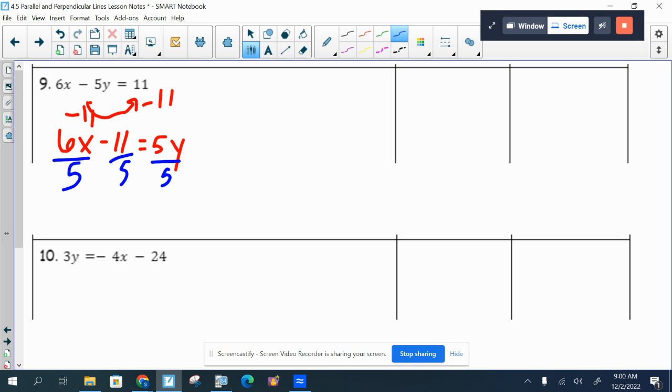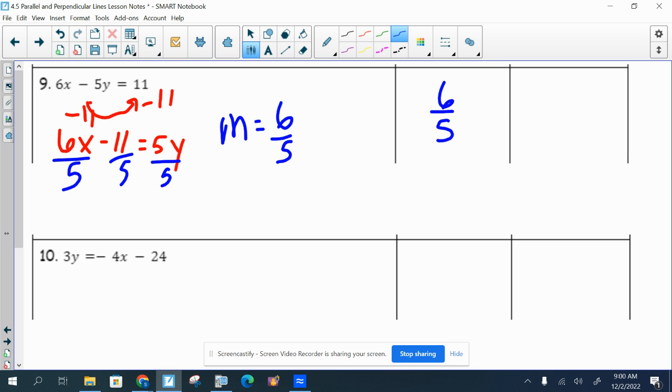So what's the slope here? Hannah? Yeah, 6/5. So parallel slope is 6/5. Perpendicular slope, negative.